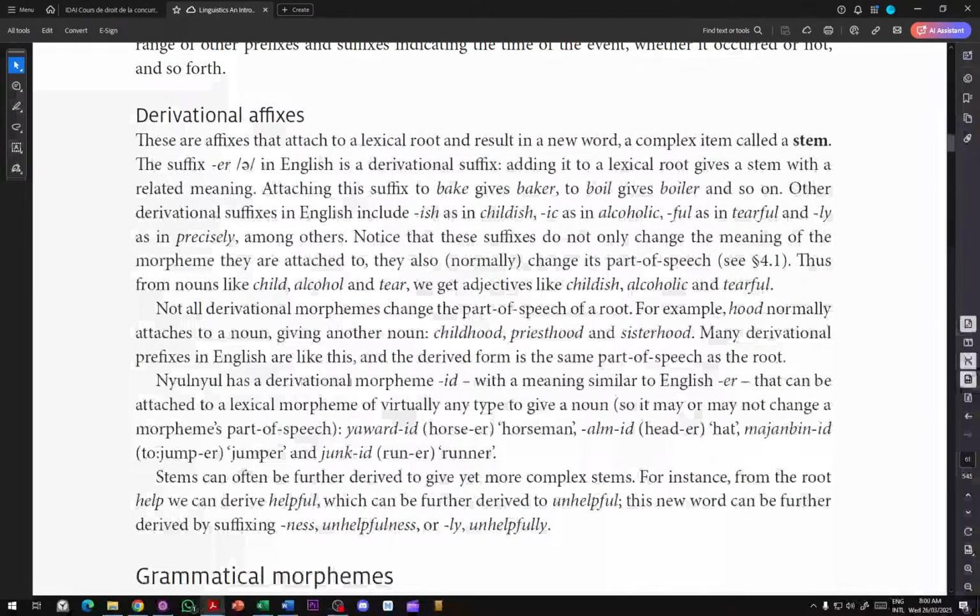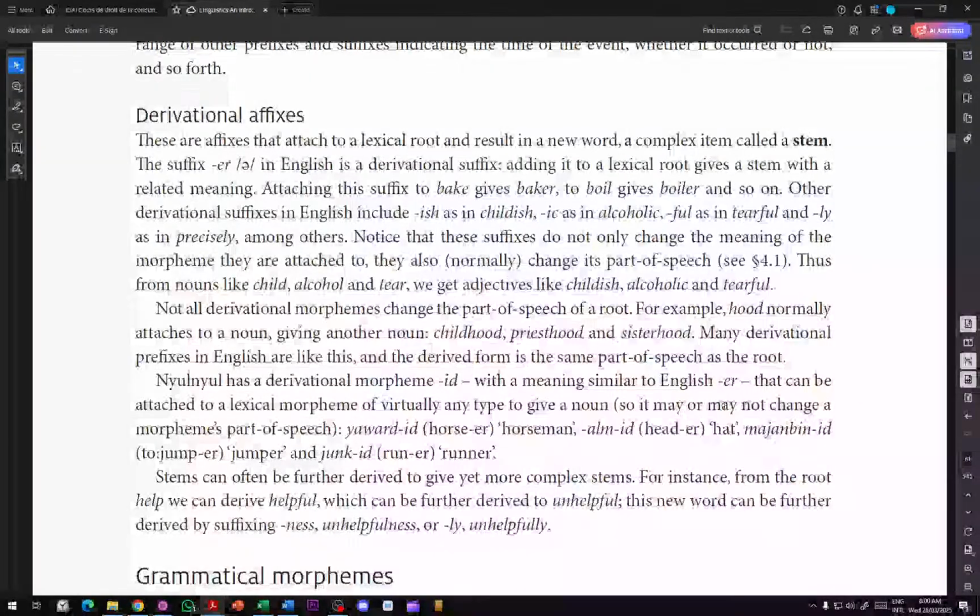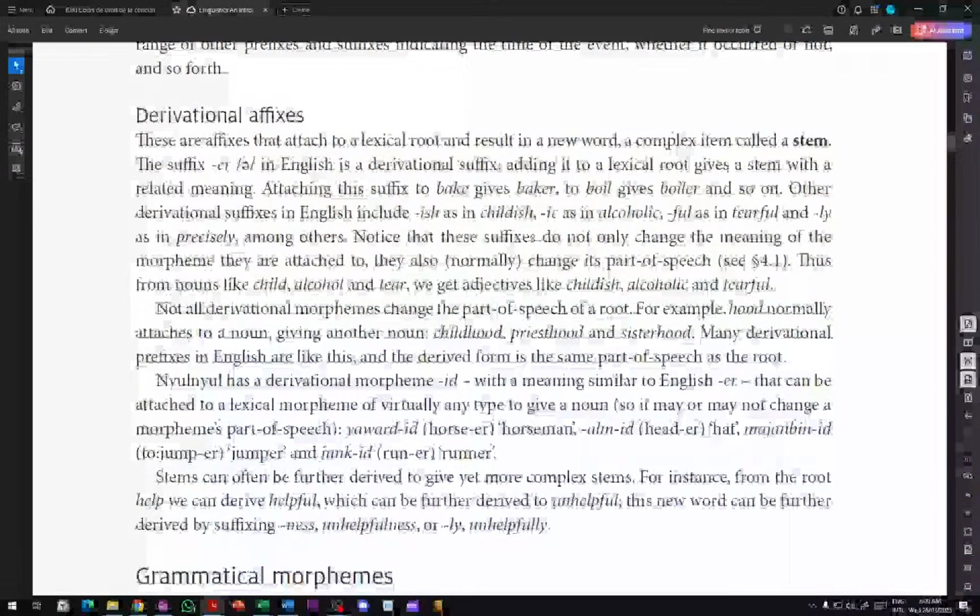Nuer has a derivational morpheme with a meaning similar to English -er that can be attached to a lexical morpheme of virtually any type to give a noun. So it may or may not change a morpheme's part of speech.